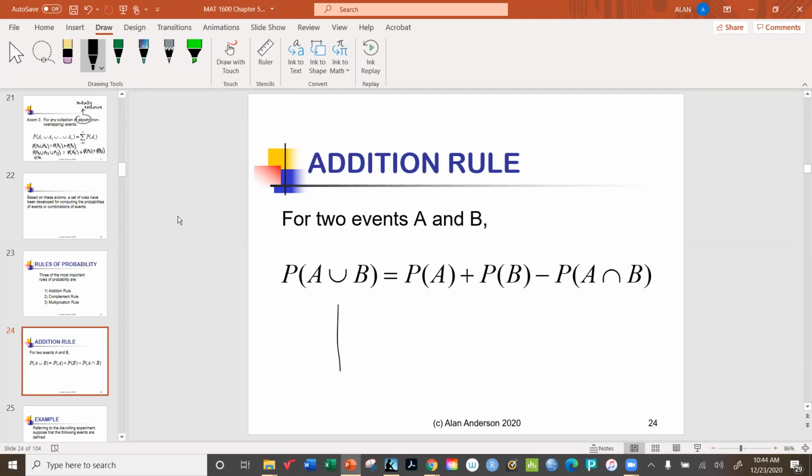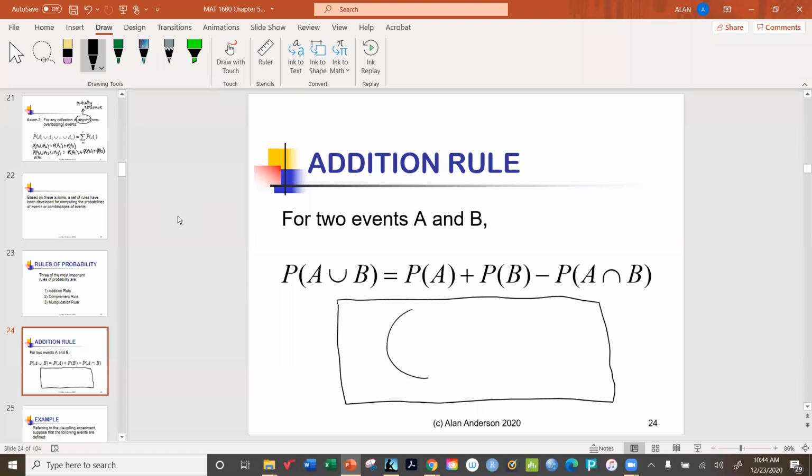Well, let's take a look at a Venn diagram. Let's say we have 2 events, A and B, that do overlap. The intersection is here. And let's call these regions 1, 2, and 3.